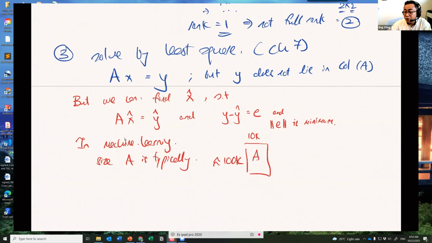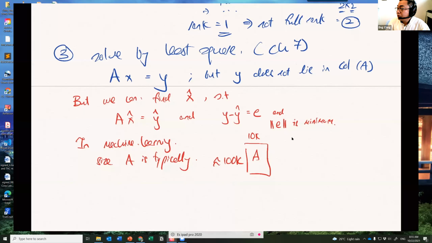These matrices are huge. Maybe you have a million rows and tens of thousands of variables. In fact, now Google is doing billions of rows and 10 or 100,000 variables. That's the size of the problem you solve.